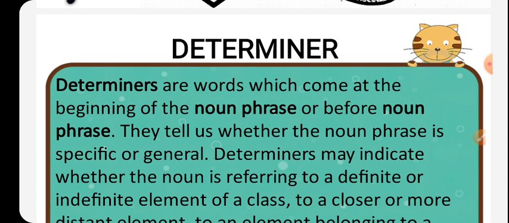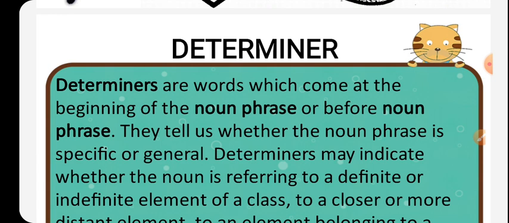And to find what the determiner is in a sentence, you can simply know it by asking how much or whose. If you just ask these questions, it will be very easy for you to identify the determiner.